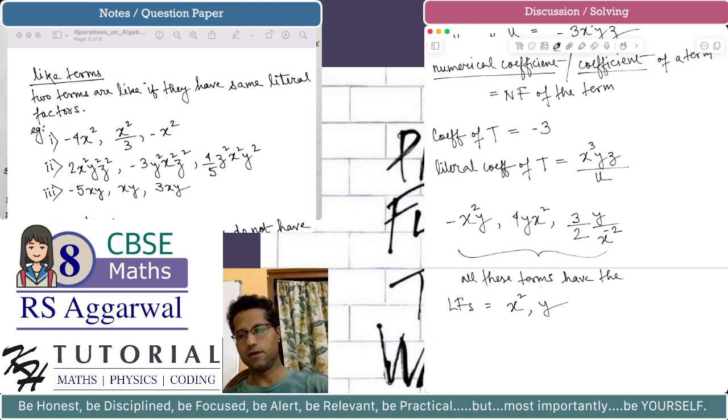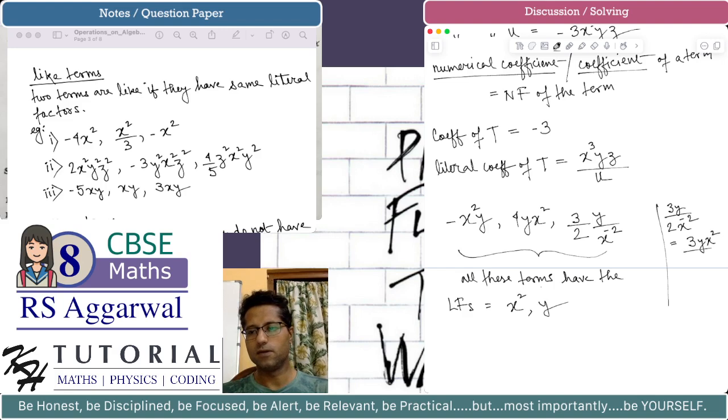And the third term, 3 by 2 y divided by x to the power minus 2. Now 1 by x to the power minus 2 is x square, so 3 by 2 y x to the power minus 2 is nothing but 3y x square by 2, and its literal factors are y and x square. So all these terms have the same literal factors, so they are like terms.